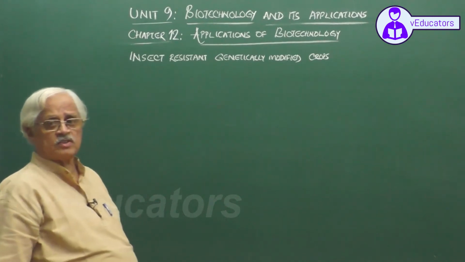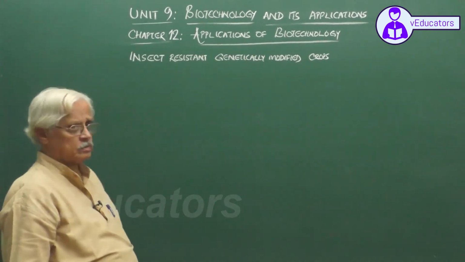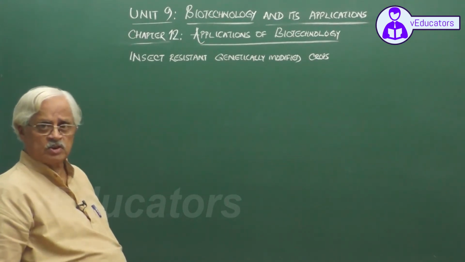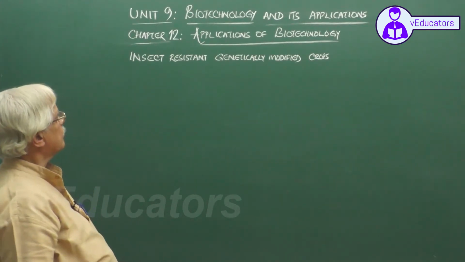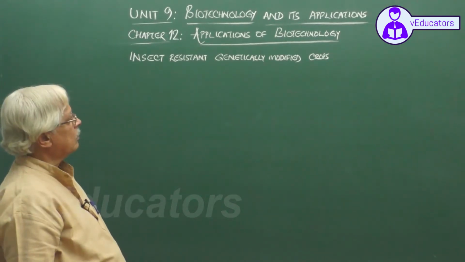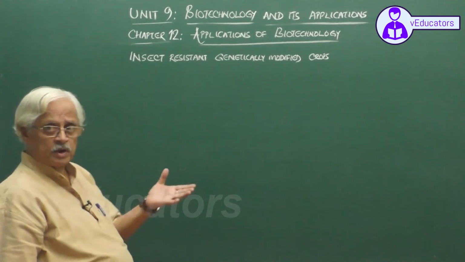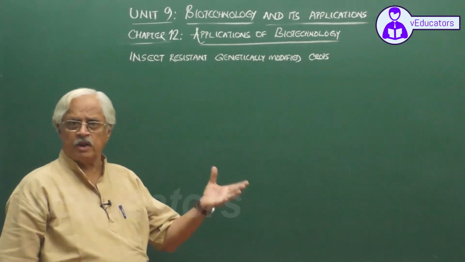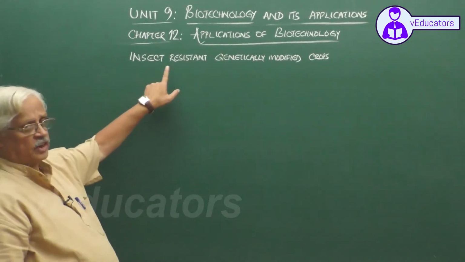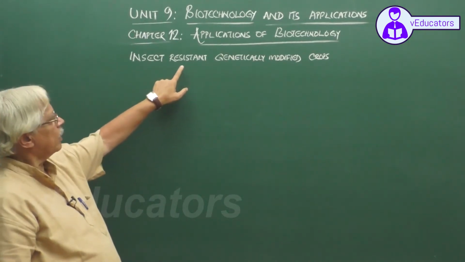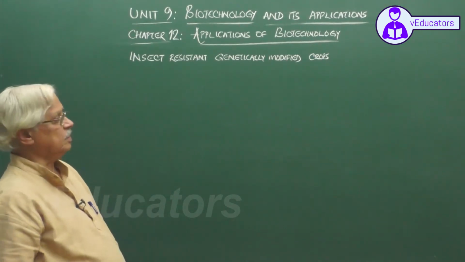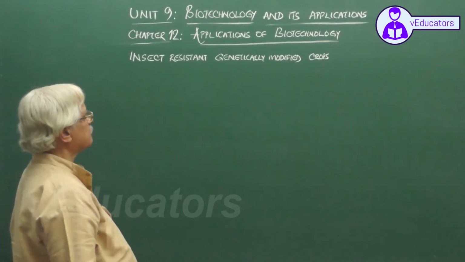So, in the recent years, several crops, food crops as well as commercial crops, that are seriously affected by insect pests have been subjected to recombinant DNA technology to control the insect pests, and insect resistance has been achieved in such plants.